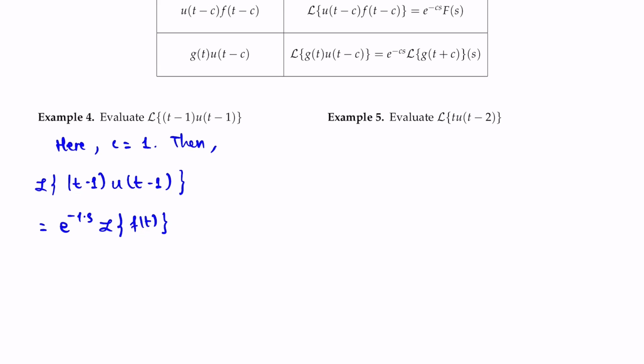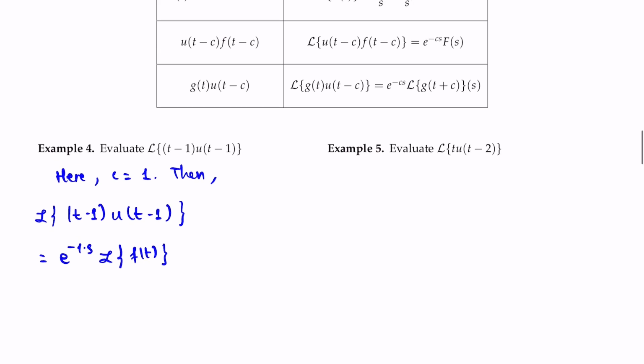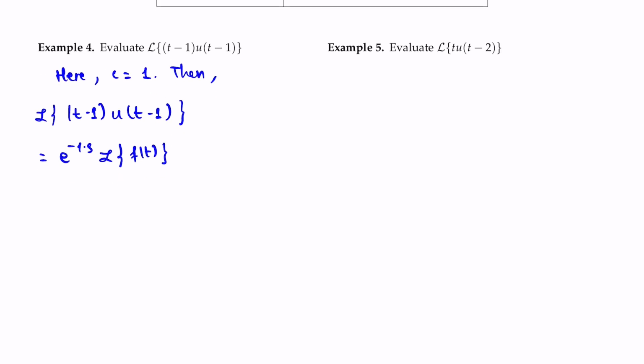Do you understand why I get t only? Because 1 represents the shift, right? Exactly, because 1 represents the shift. So the original function f of t is only equal to t. That's why you have e to the negative s times the Laplace transform of t.